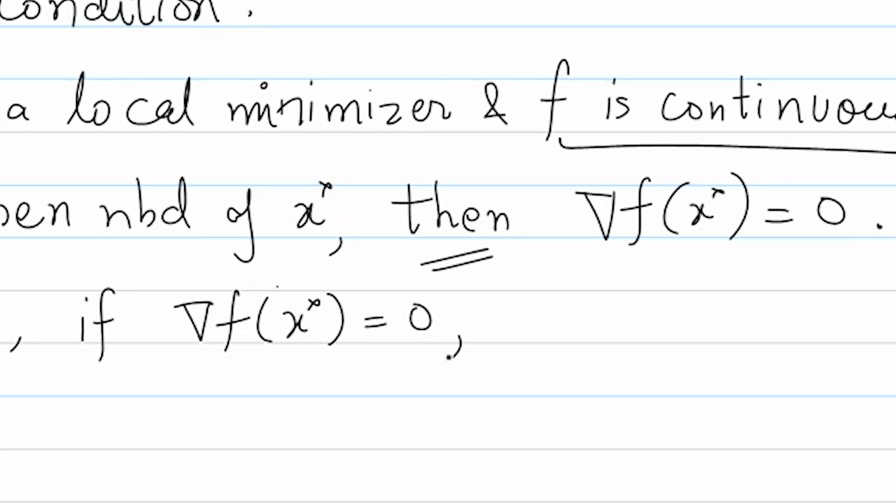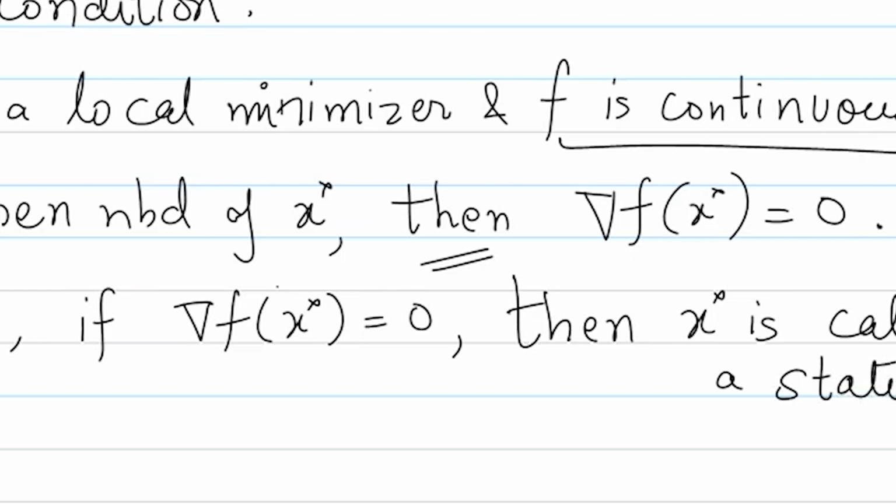It is called a stationary point. The only reason I'm mentioning this is because some books will call it a stationary point, so you should just know that there are various words by which people refer to it. Right, so this is quite straightforward.